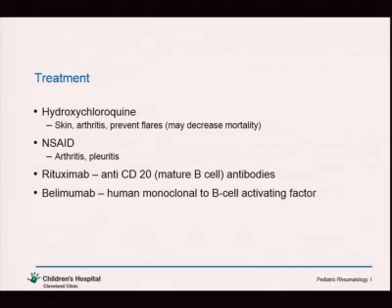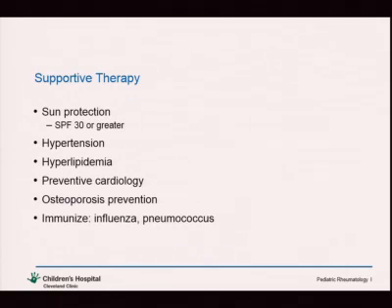And a medication called belimumab, a human monoclonal to B cell activating factor, is actually approved for the treatment of lupus, and its indication tends to be when you can't get a patient off prednisone enough and there's significant risk of side effects from the prednisone.